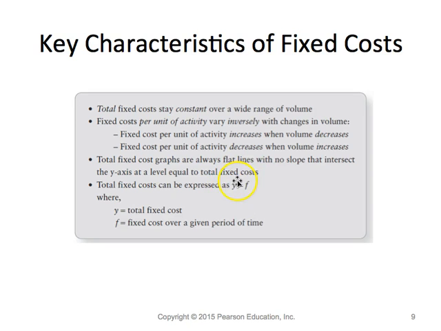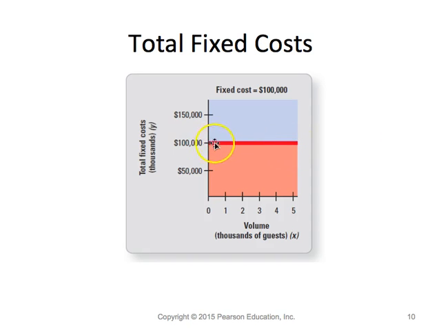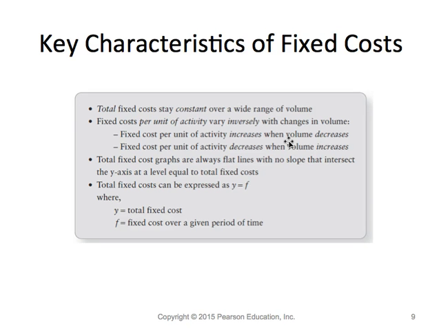From geometry, y equals a constant is a straight line. So y always equals 10,000 no matter what the volume is. Fixed cost is a constant value, so fixed costs stay constant over a wide range of volumes.